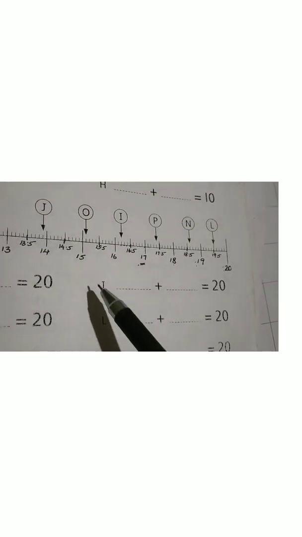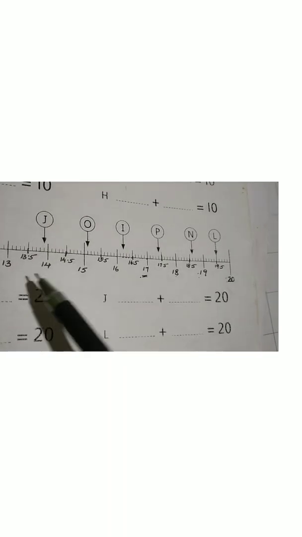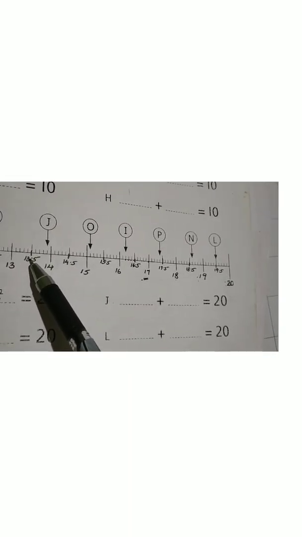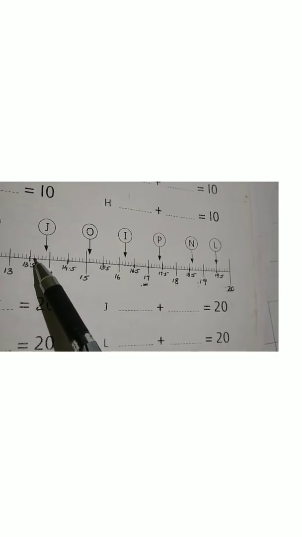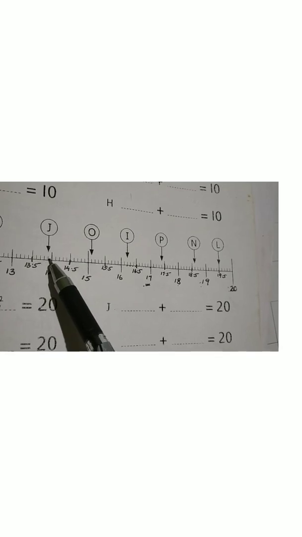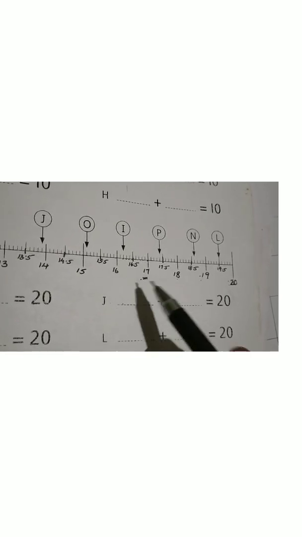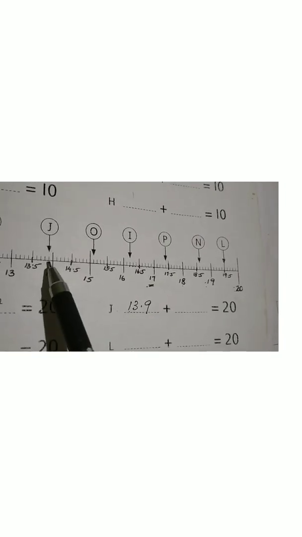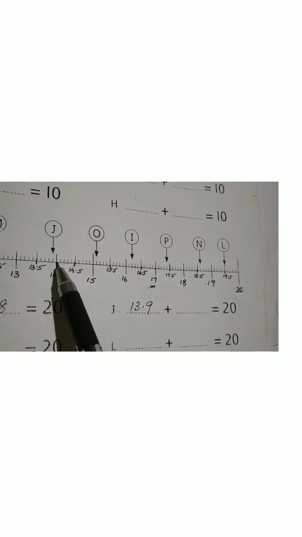Then the next question is J. Here J is here. Here it is 13.5. So 13.6, 13.7, 13.8, 13.9. So the point of J is 13.9. Then here 13.9, then 14.